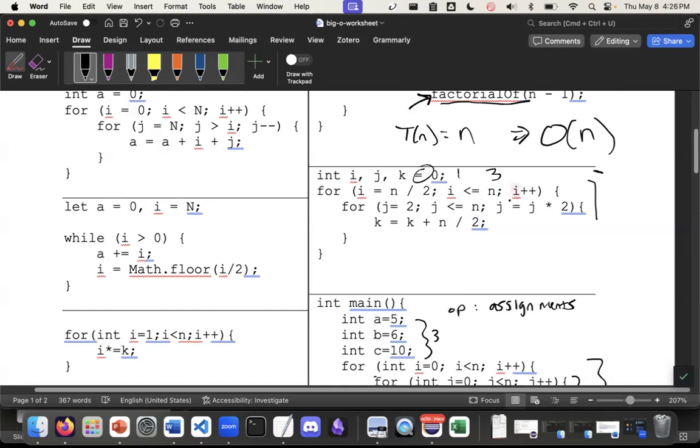And then here, we start at 2 and go up to n, but we increase by a factor of 2 each time. And then in here, we're doing something where we divide n by 2.